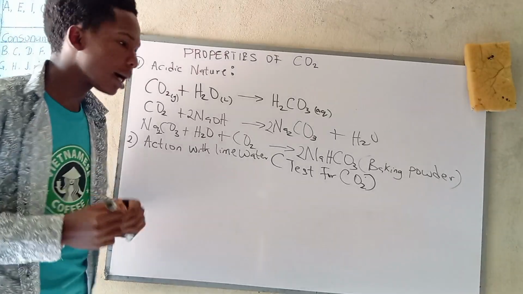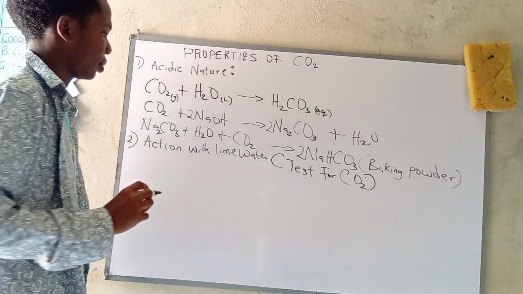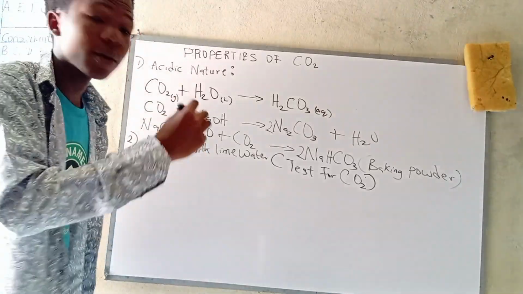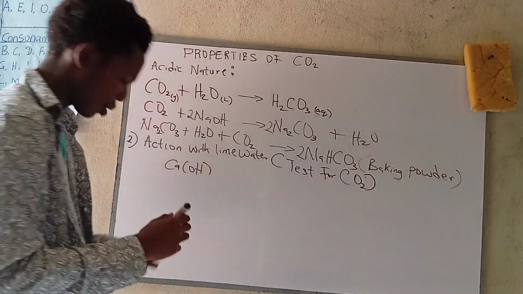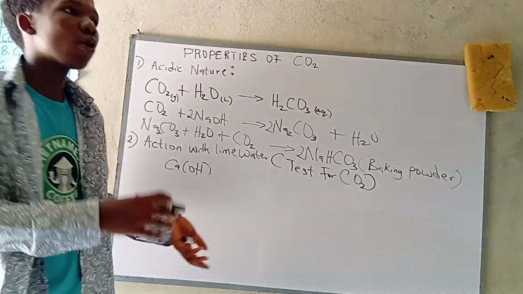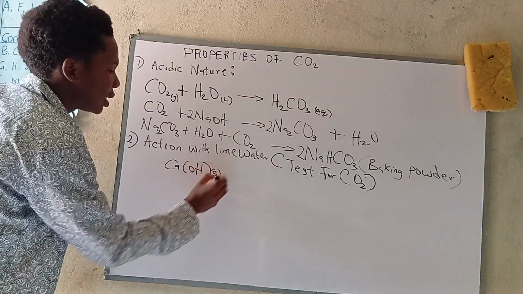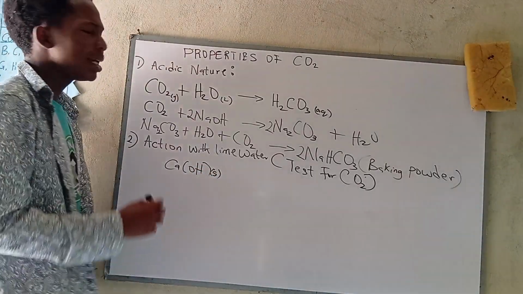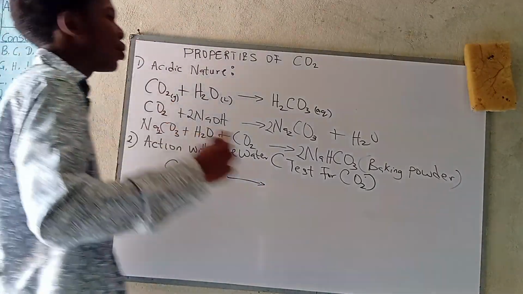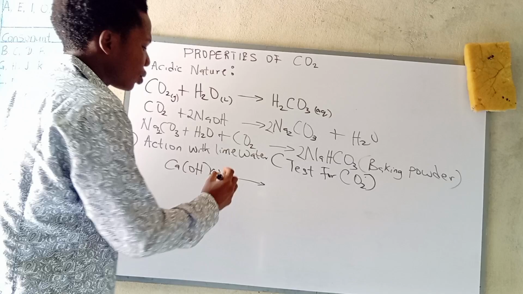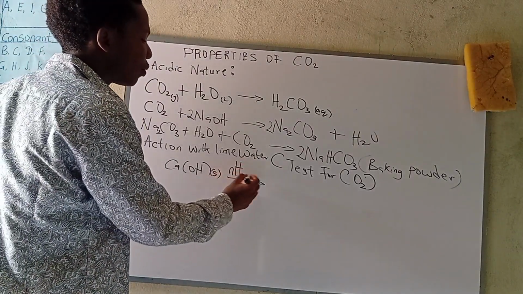We have a compound called slaked lime, which is written with the formula calcium hydroxide. So now, slaked lime can also be called calcium hydroxide. It is in a what? Solid state. Now, when it reacts with a water molecule, but we don't know how many water molecules, so we can just write n to represent any number of water molecules.